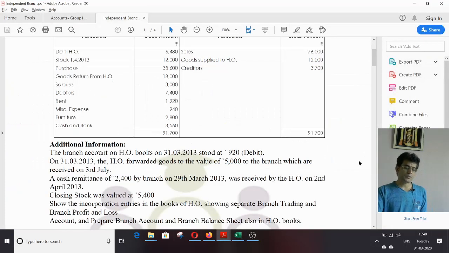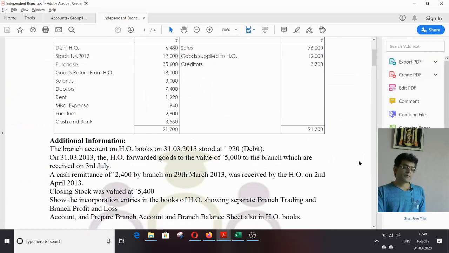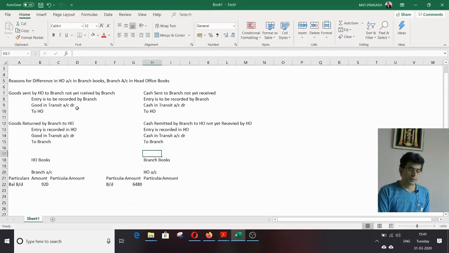So what does the problem say? On 31st March, head office forwarded goods valued 5,000 to the branch, which were received by the branch on 3rd July. Goods sent by head office to the branch, not received by the branch. So the entry is already passed in the head office books. Now where should I pass it? I should pass the entry in the branch books, in the head office account.